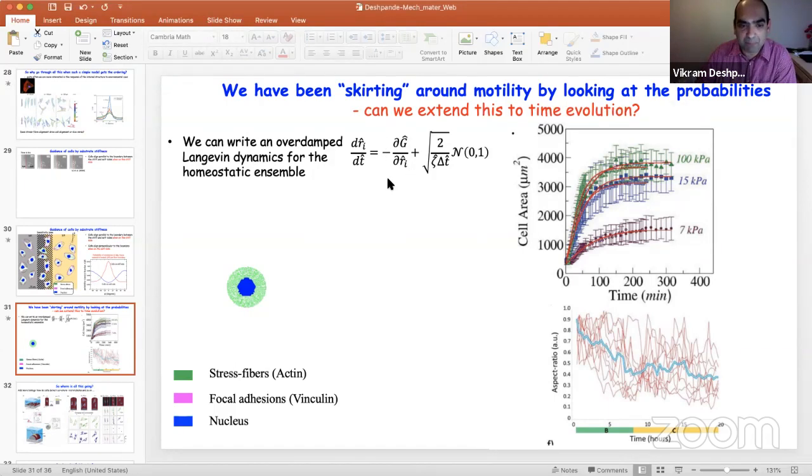The time is associated with the time it takes to drive itself down that free energy gradient, associated with the dissipative terms. In the Langevin equation, you have dissipative terms, which set the time scale for why it takes time to go down that free energy gradient.